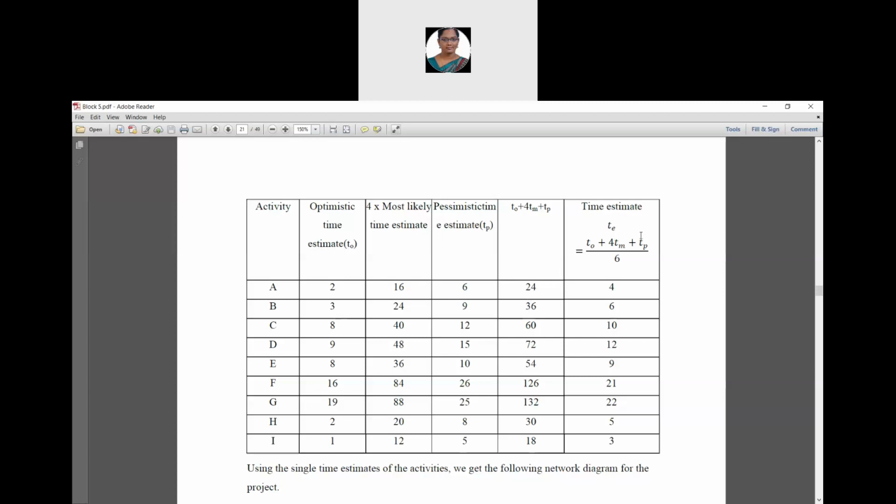Then the time estimate value is calculated by dividing by 6, that is 24 divided by 6, it is 4. 36 divided by 6 is 6. 60 by 6 is 10. 72 by 6 is 12. Likewise, we have to calculate the rest.